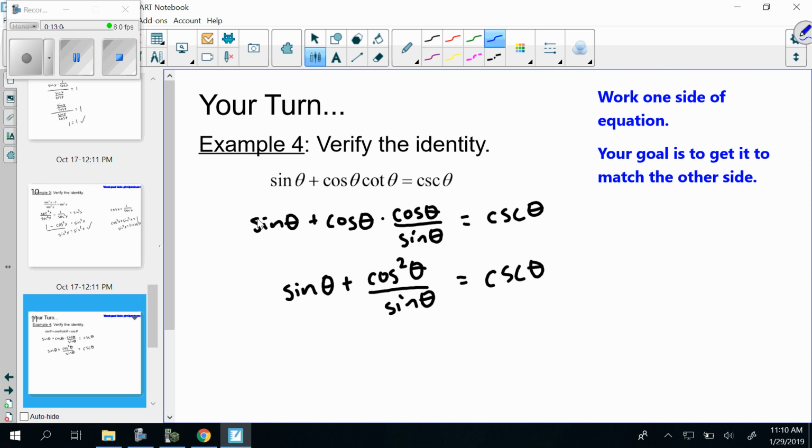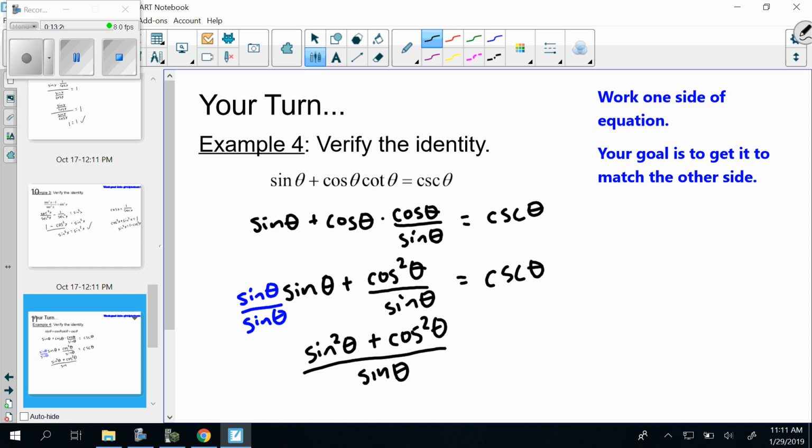But the only way to do that is to multiply this one by sine to get a common denominator of sine, but that means the top we're also going to have to multiply by sine. So sine times sine is sine squared plus cosine squared, all over a common denominator of sine, because both of these should have the same denominator now.